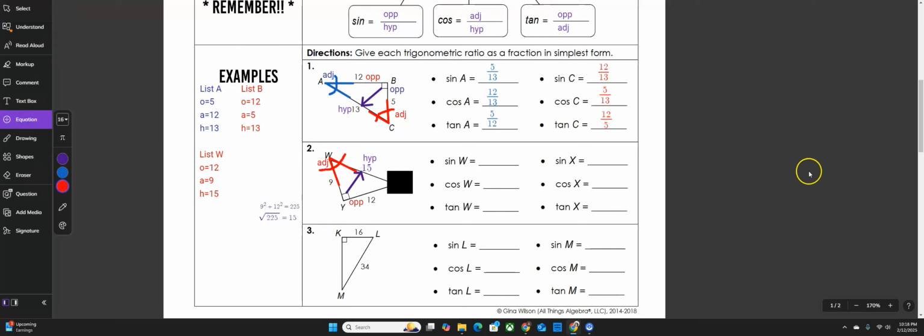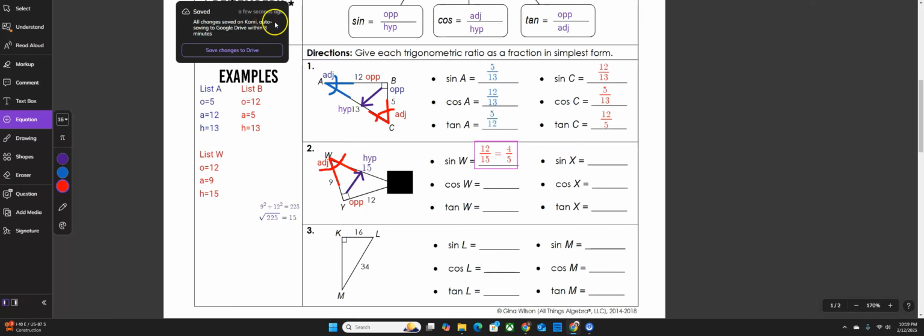All right. So looking at sine of W, opposite over hypotenuse, 12 over 15. Now that is not the simplest form, as both of those numbers are divisible by 3. So that is going to be 4 over 5.